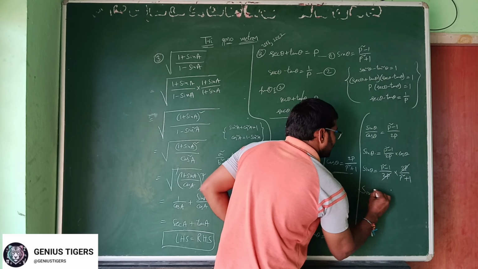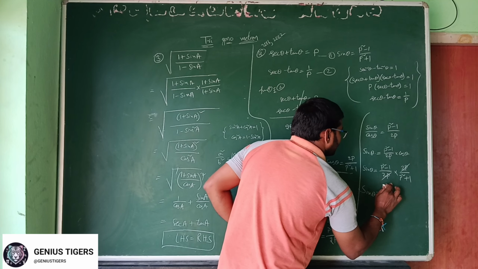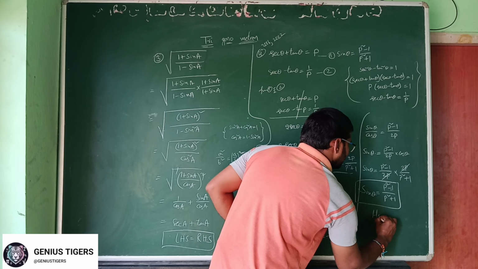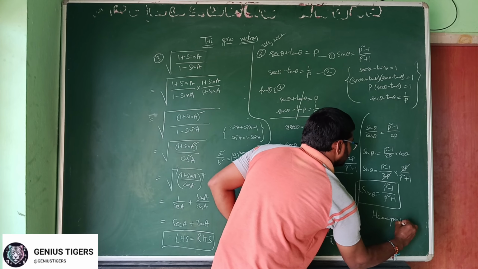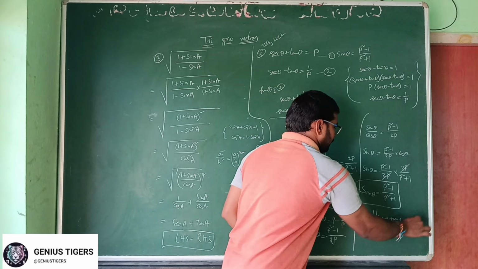Finally, sin theta equal to (P square minus 1) by (P square plus 1). Hence proved.